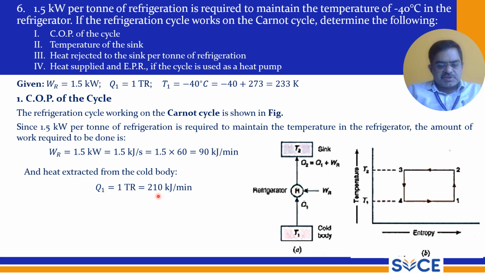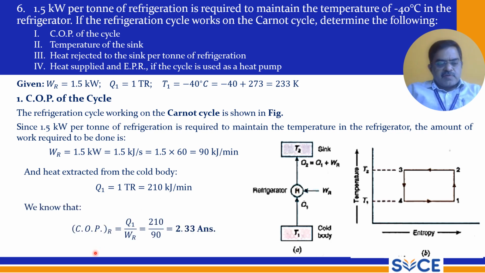In earlier session, I have given you a table of 1 tonnage of refrigeration equal to many number of units. So in accordance with the many number of units, I have given you values, and definitely you should remember that. From that you can see it is 1 tonnage of refrigeration equal to 210 kilojoules per minute.